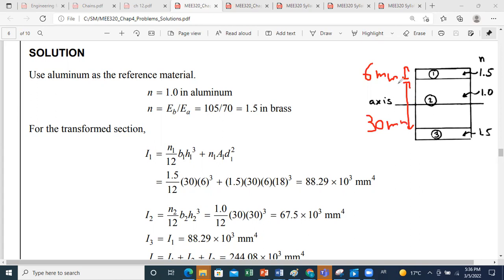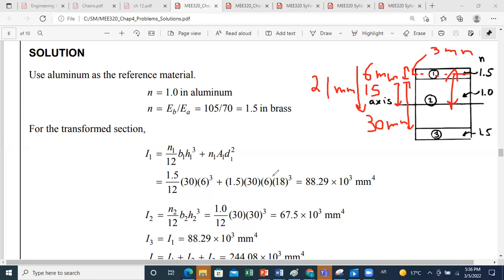This part from here to here is 15. So from the top, the neutral axis is at a distance equal to 21 millimeters. And since for the other axis passing by the centroid here, the distance from the top is 6/2, which is 3 millimeters, the distance between the two axes will just be 21 minus 3, equal to 18. So this is 18 millimeters.